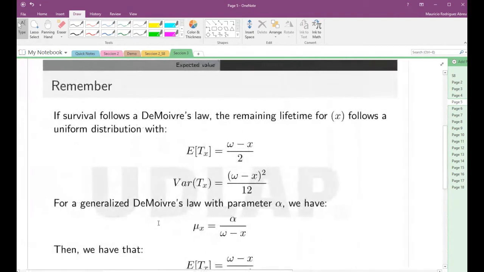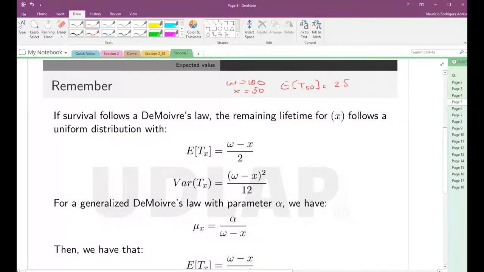Okay, so remember that we have the Moivre's law. Essentially, what we have in the Moivre's law is that the expected value is omega subtracting the age that the person has, divided by 2. And this makes sense: if we have the age limit, let's say omega of 100 and x being 50, the expected value of this person is going to be 25.